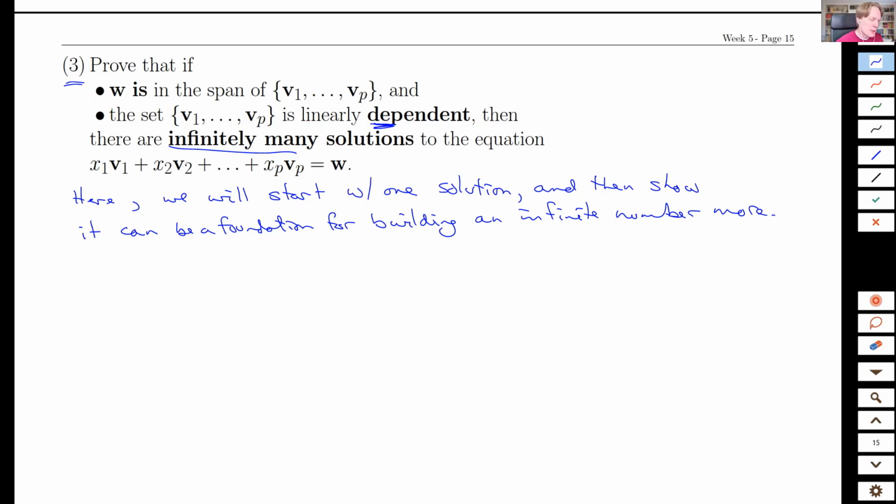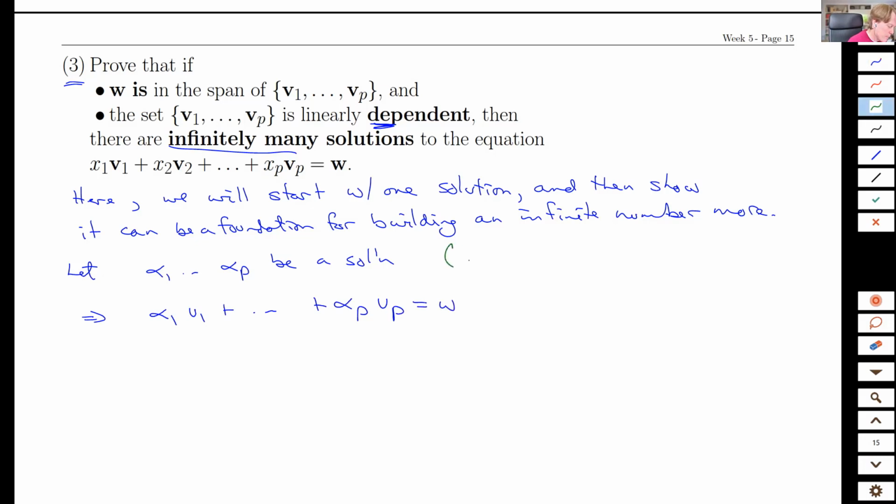And then we're going to say, okay, if that's true and the set is linearly dependent, what can we extrapolate from that? So let alpha 1 to alpha p be a solution, which means that alpha 1 v1 plus all the way out to alpha p vp equals w.